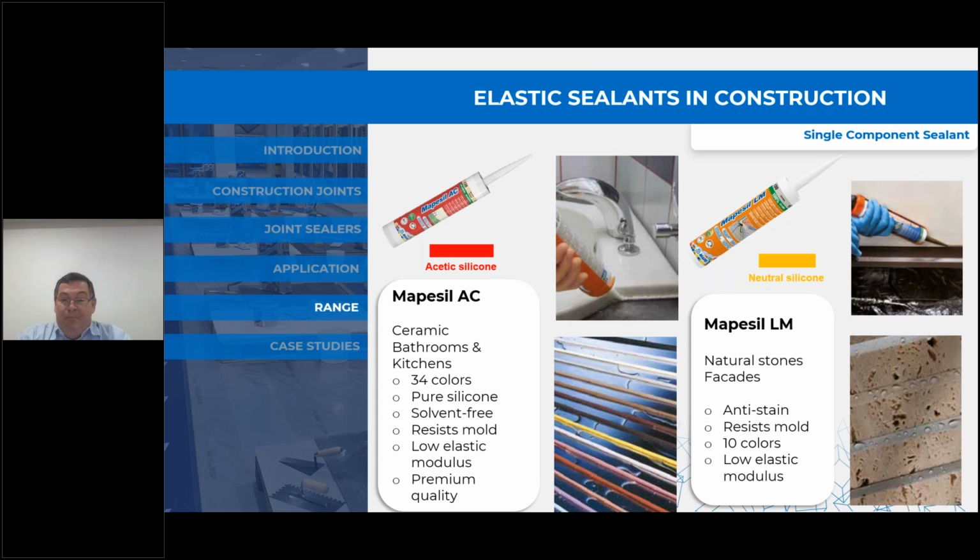The Mapei LM is a natural stone facades material. So this is a non-bleed silicone that is safe to use on natural stones. It resists mould, comes in 10 colours, and again, it's also low elastic modulus, so it can be used in joints with moderate movement capability or requirements.